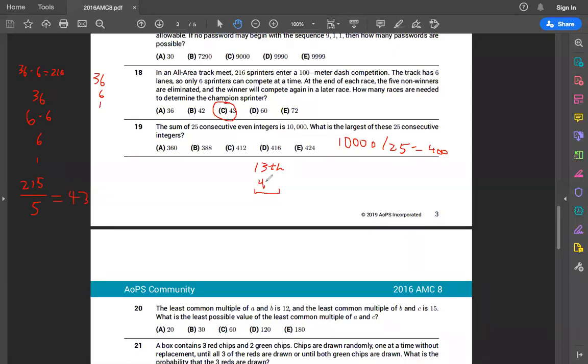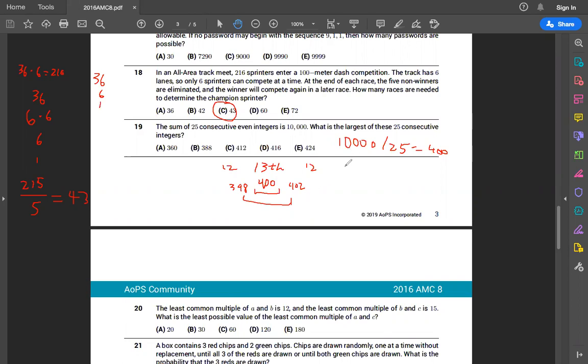So the middle number is 400, and then there are 12 more numbers on each side, but you can pair them up. So these two would add up to 800, but their average is still 400. So you can see the average of all the numbers would be 400, and this would still work.